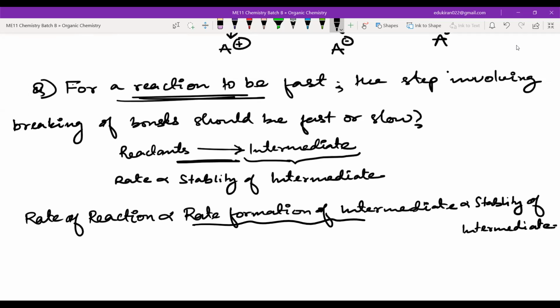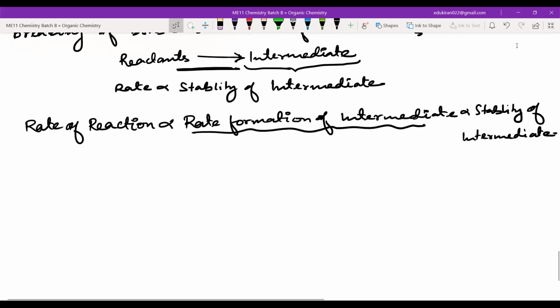So we can directly see the structure. With the structure, we will see the stability of the intermediate, and then we can predict the rate of a reaction. So hence we will directly use this simplified notion of rate of reaction.